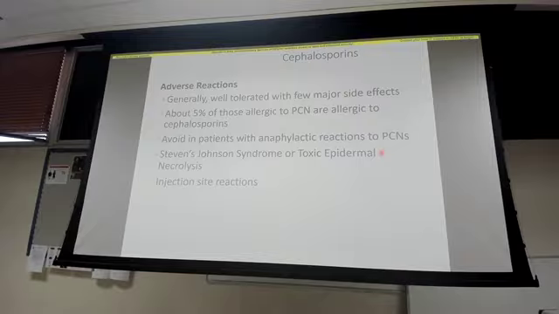I just want you to remember the bigger ones where we know they don't cross react. But if you're ever in practice and that ceph was all you had that could cover whatever bug that patient had, you're going to ask, which one has the least amount of cross reactivity?